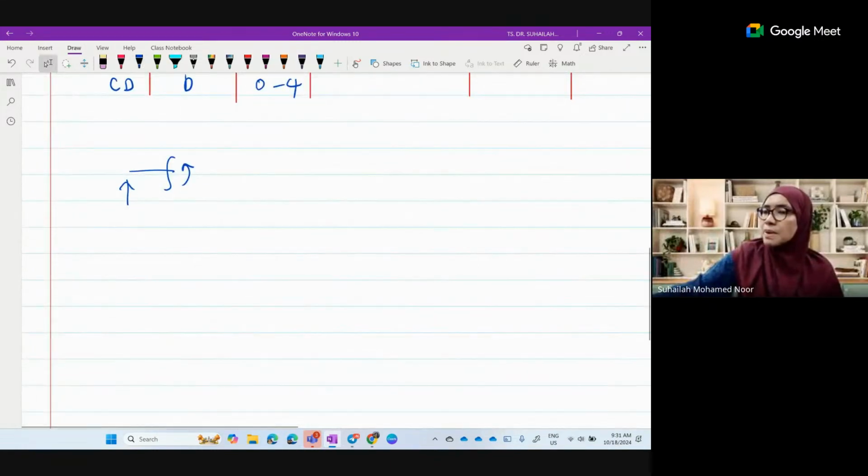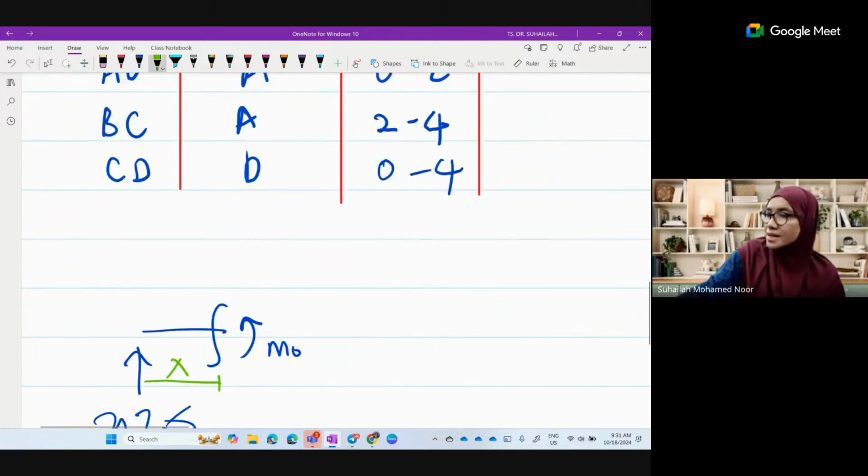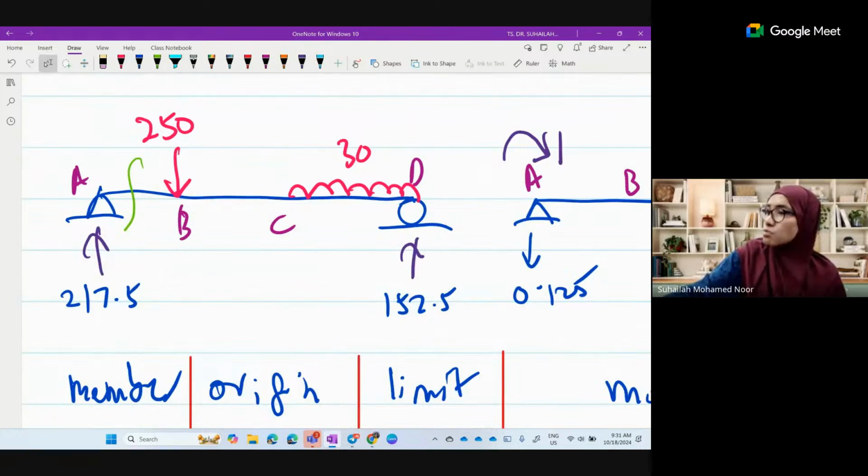So 217.5, dia 217.5 macam ni. Ini section 1 kan. Ini M naught. So jarak situ, jarak dia X. Ini X kan. Jarak dia X. So actually kalau dah biasa buat nanti, tengok ni dah tahu dah. M sama dengan 217.5X. Kan?